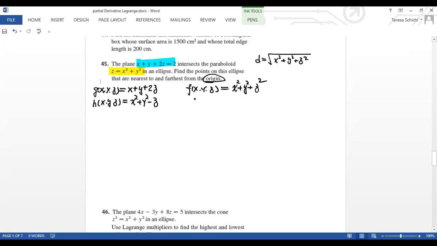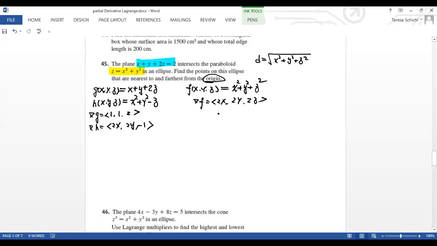Now we can do the same things here. Del f is 2x, 2y, 2z. Del g is 1, 1, 2. And del h is 2x, 2y, and negative 1.